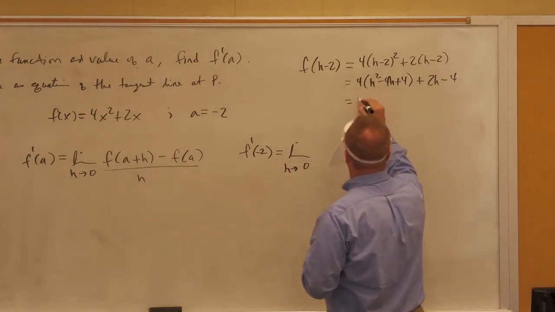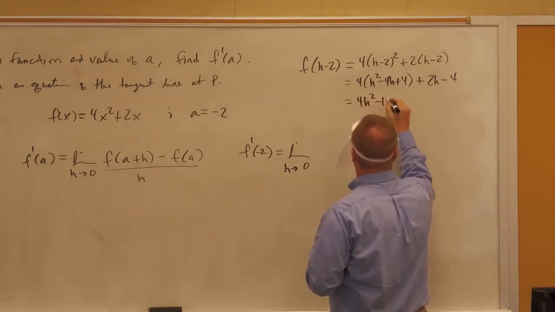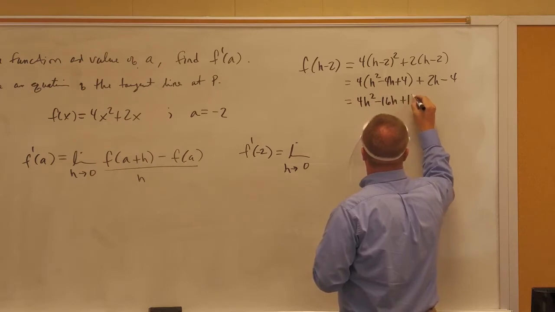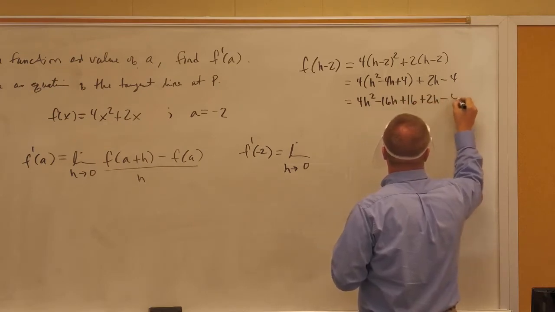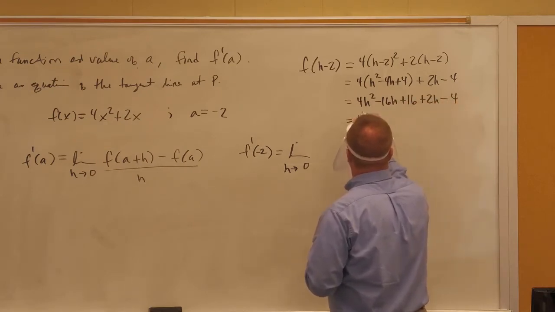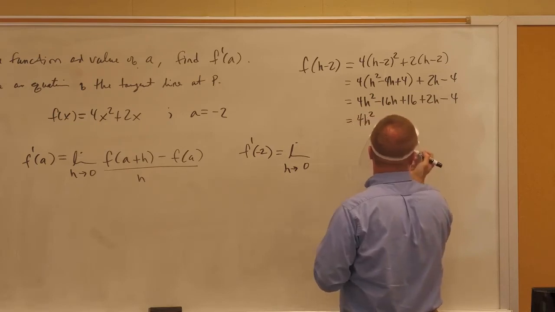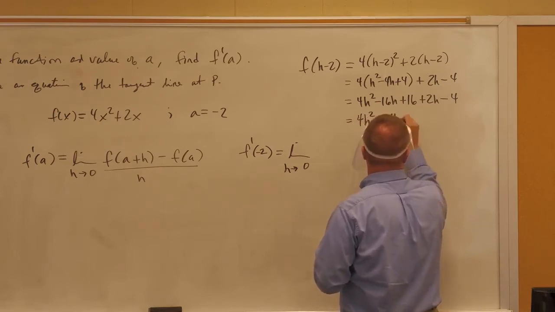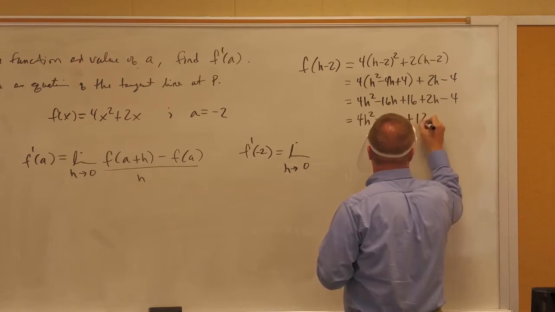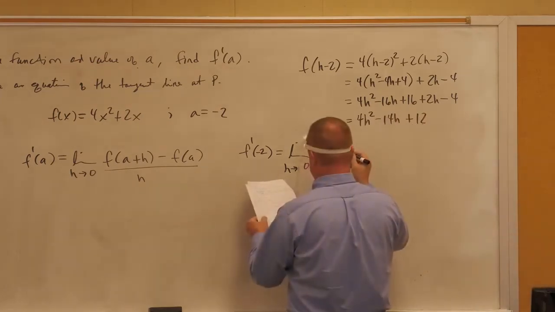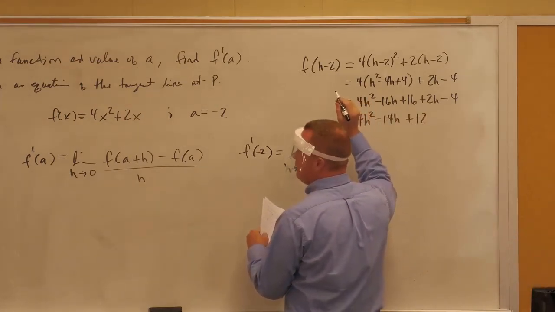Now we will have 4h squared minus 16h plus 16 plus 2h minus 4. So I get 4h squared minus 14h plus 12. All right, so let's see. So I've got that for that one. All right, what's the other one then?